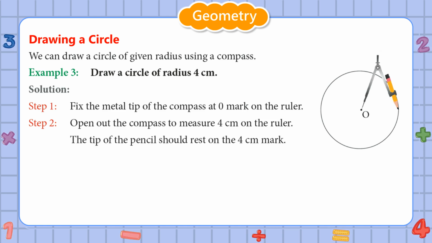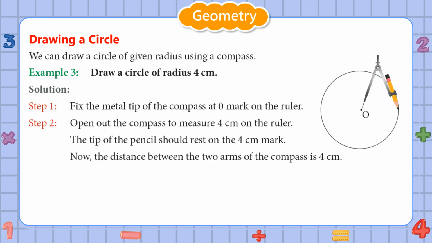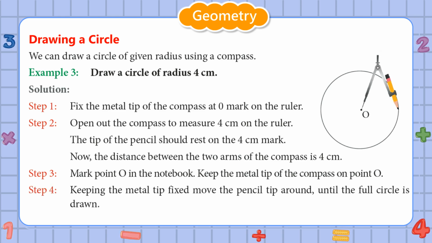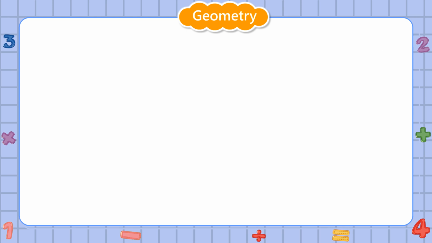The tip of the pencil should rest on the 4 cm mark. Now, the distance between the two arms of the compass is 4 cm. Step 3. Mark point O in the notebook. Keep the metal tip of the compass on point O. Step 4. Keeping the metal tip fixed, move the pencil tip around until the full circle is drawn.